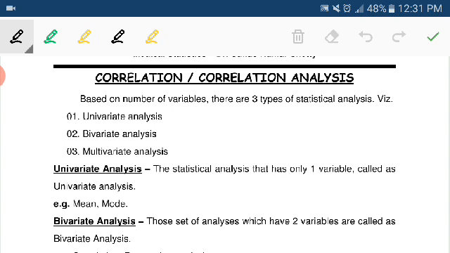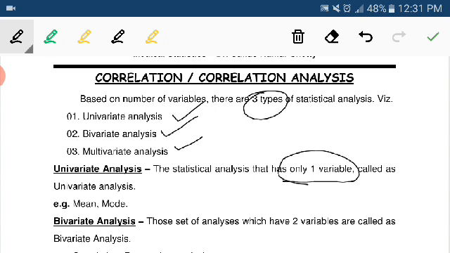Based on the number of variables, there are three types of statistical analysis: univariate analysis, bivariate analysis, multivariate analysis. Univariate analysis has only one variable, for example the mean and the mode.